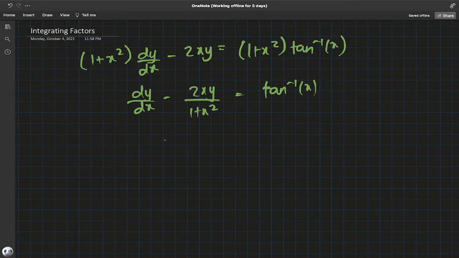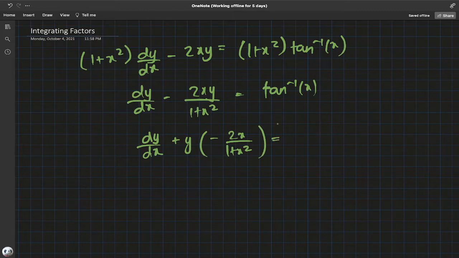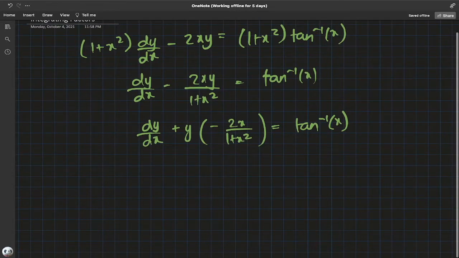Now, in the form of our differential equation, we had a y and then some function multiplied with the y. As long as you can separate a single y that's alone, then you can use the integrating factor method.